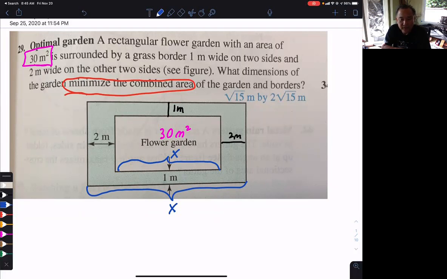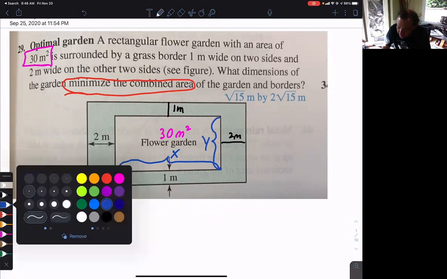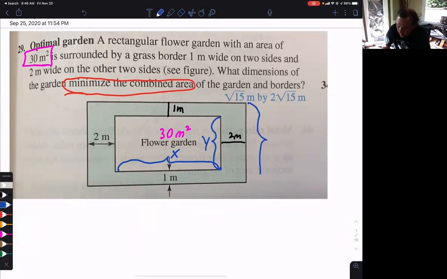In the end, it comes out the same. Sometimes one way is easier than the other. I'm going to choose the inside to be X. Now, here's the other thing I need to know. I'm going to call this Y. Now, you could have chosen this to be Y. You could have, and that's not wrong.